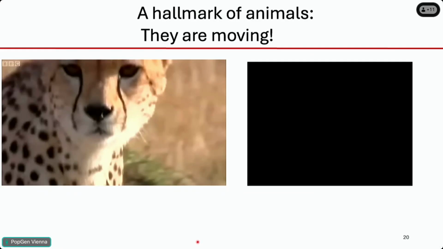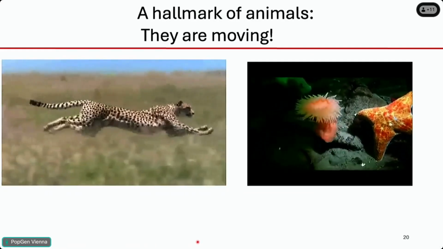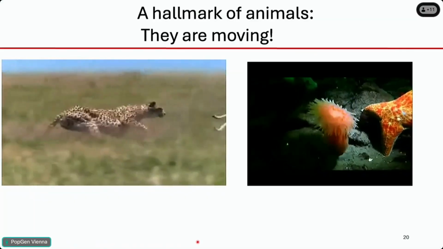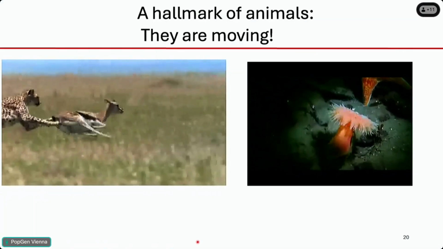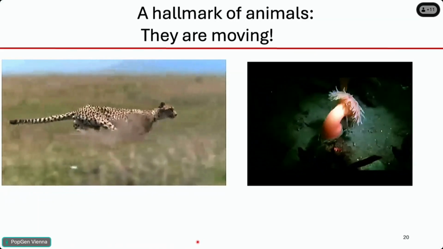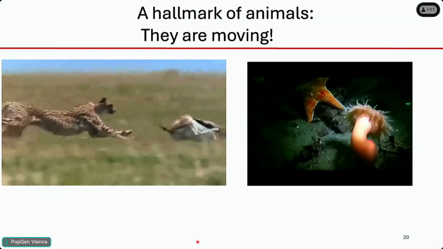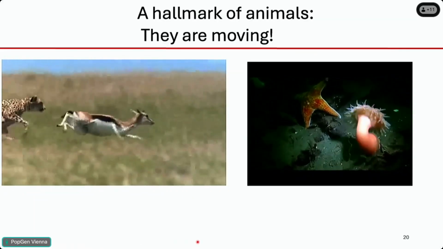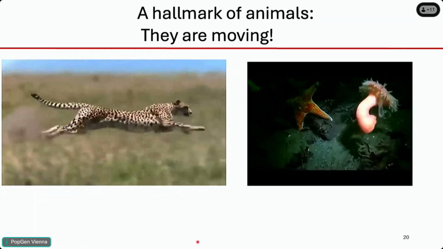But what is really so remarkable about muscles is they allow us speed, for instance. And we think, for instance, of this cheetah here, which is of course very fast. But even the cnidarians that I work on, they're quite capable of moving themselves. So, for instance, this one is escaping this sea star by these coordinated movements.